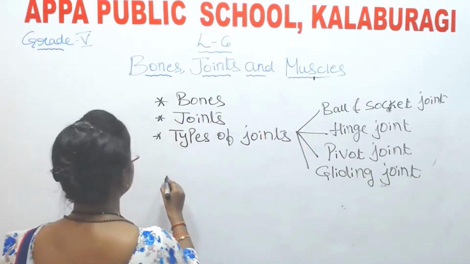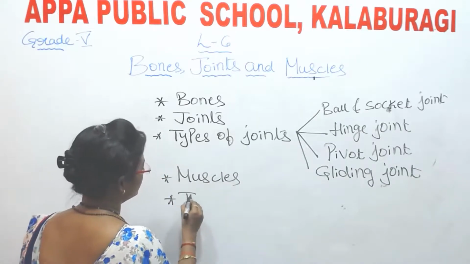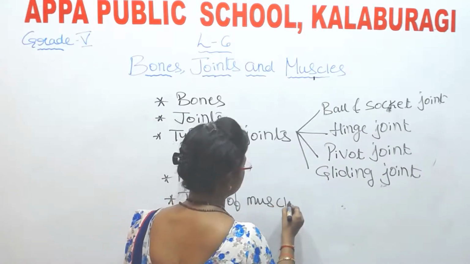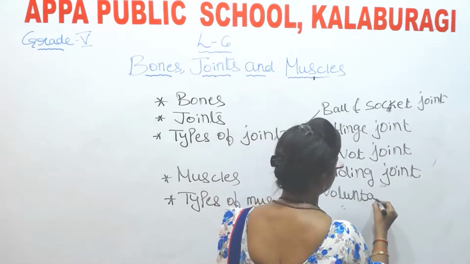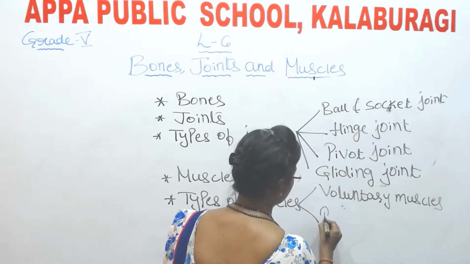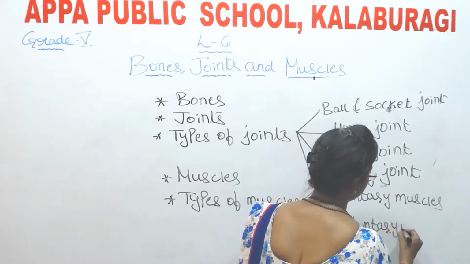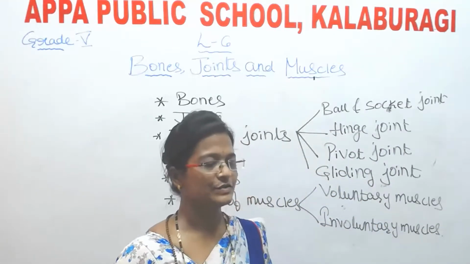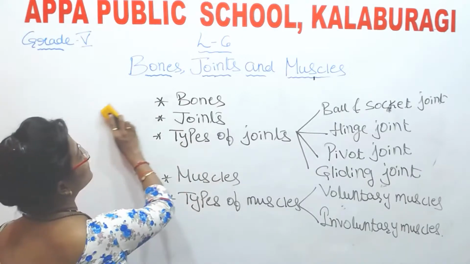We also learned about muscles and the types of muscles: voluntary muscles and involuntary muscles. So this is about bones, joints and muscles.